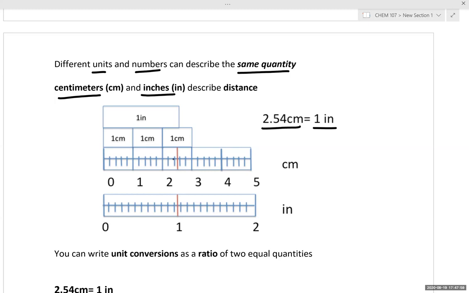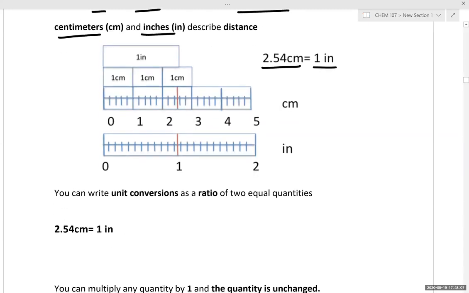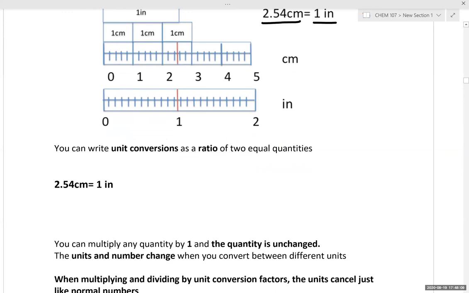Now this is important because if we have two numbers and units that are describing the same quantity, the same distance in our physical world, we can create what is known as a unit conversion. And a unit conversion is a ratio of two equal quantities.